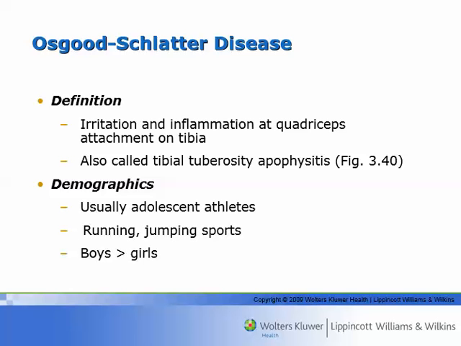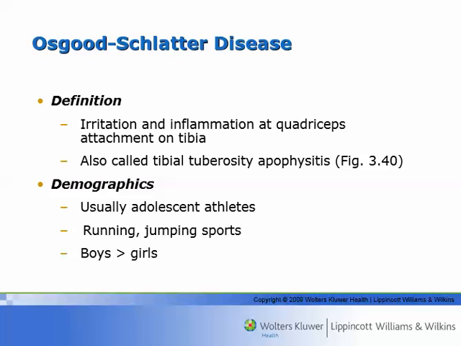And the quadriceps are very powerful muscles, and they attach via the patellar tendon to the same spot. It's saying running and jumping sports here. It's been my experience that it's skating more often. Hockey players and figure skaters are really, really prone to it.